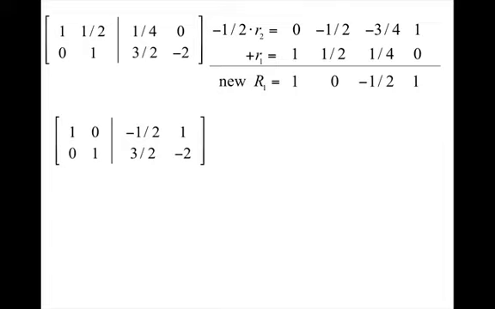And row 2 stays 0, 1, 3/2, -2. Now that I have my identity matrix on the left, the matrix on the right is my inverse. So my inverse matrix is -1/2, 1, 3/2, -2.